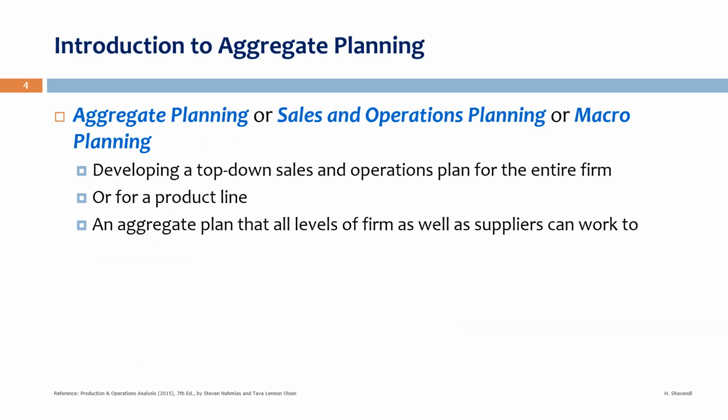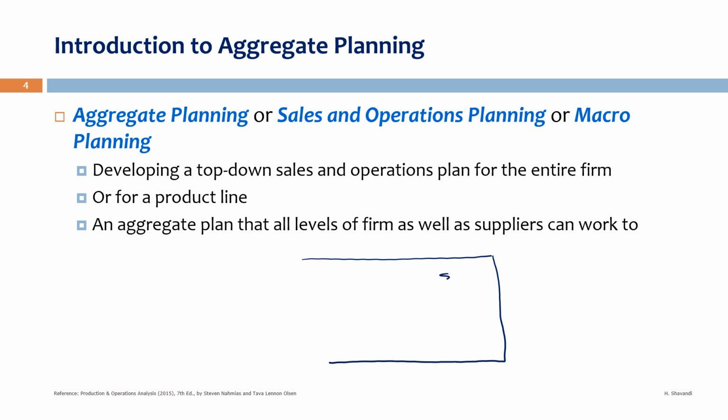Introduction to aggregate planning. Actually, aggregate planning is a top-down sales and operations plan for the entire firm or a product line. Let me explain by having a figure here. Let's say this is our company.